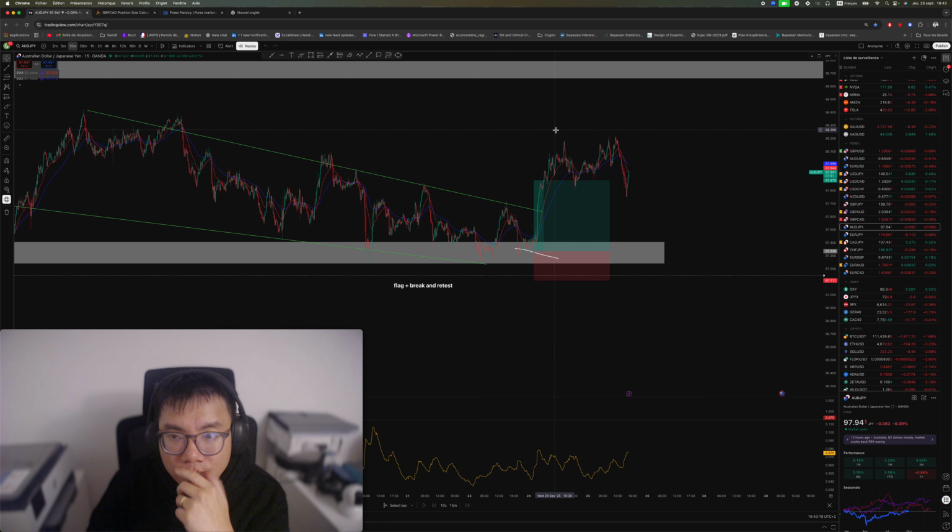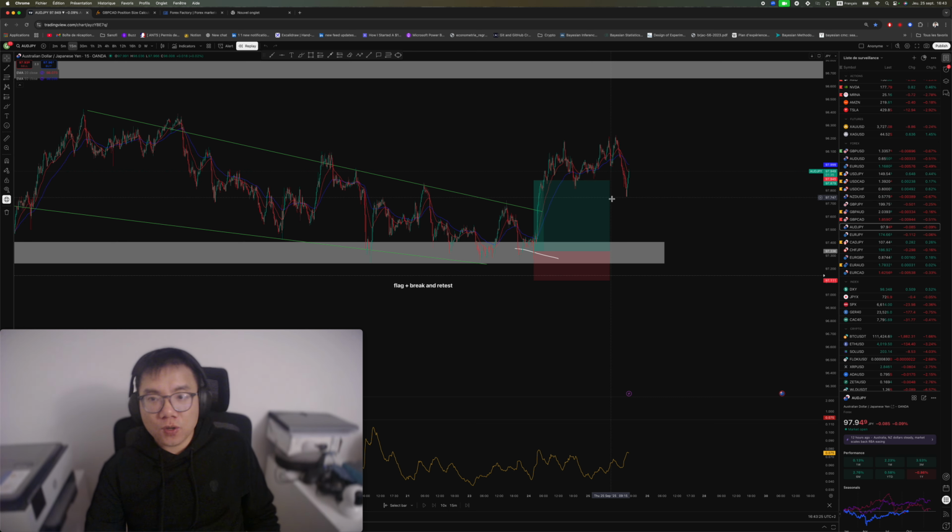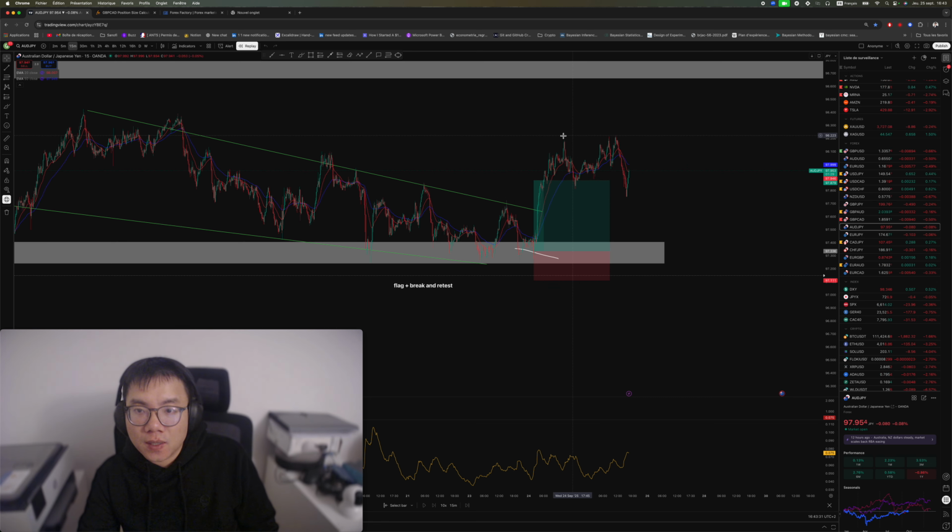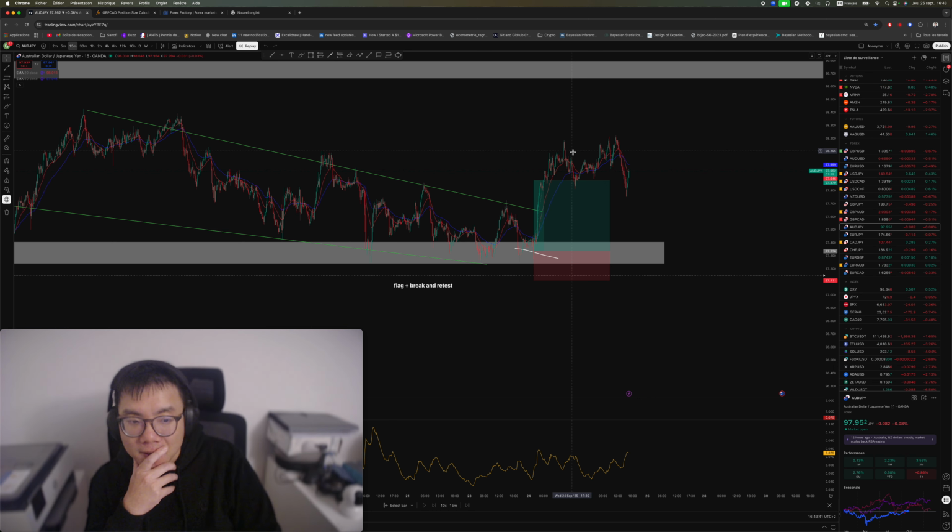So I'm still learning. I don't know what I should have done differently in terms of trade management here. Is there any way to close the trade earlier instead of getting stopped out, to squeeze out some more profit? I don't know.